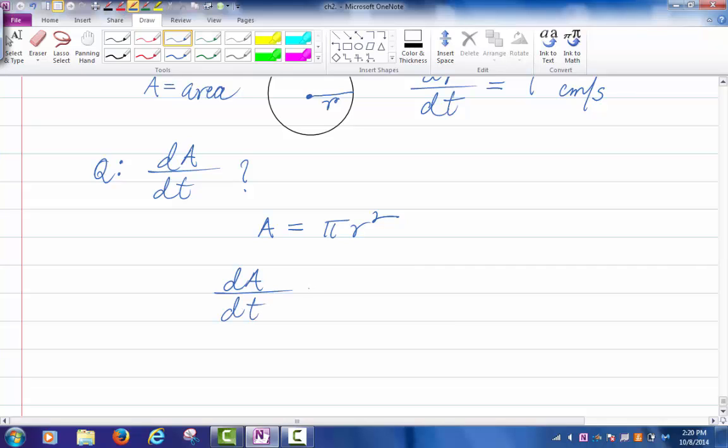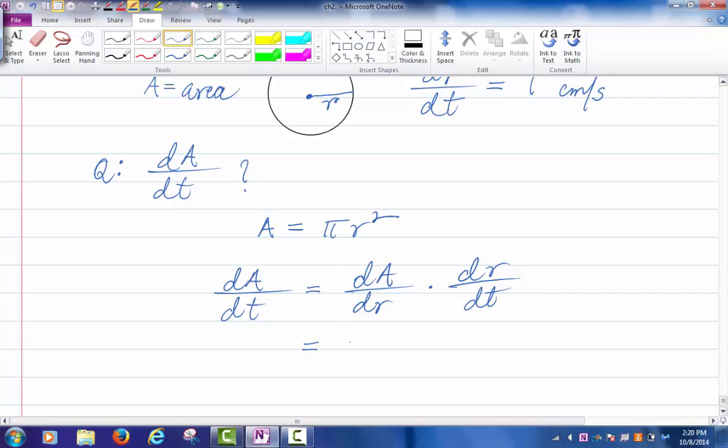Well, no. The derivative of A with respect to time, by using the chain rule, is the derivative of A with respect to r multiplied by the derivative of r with respect to time, right? Is everybody okay? What is the derivative of A with respect to r?